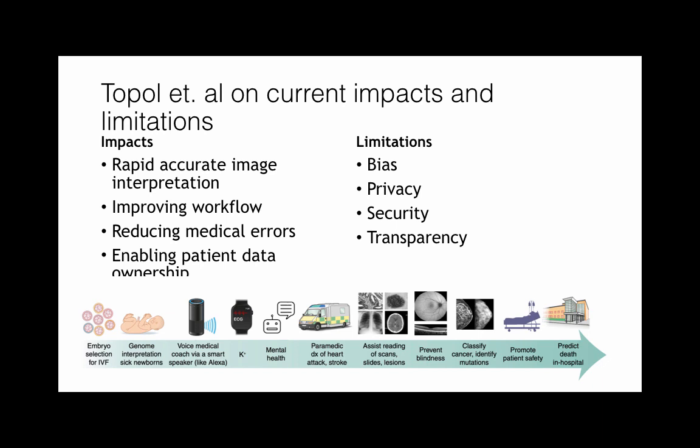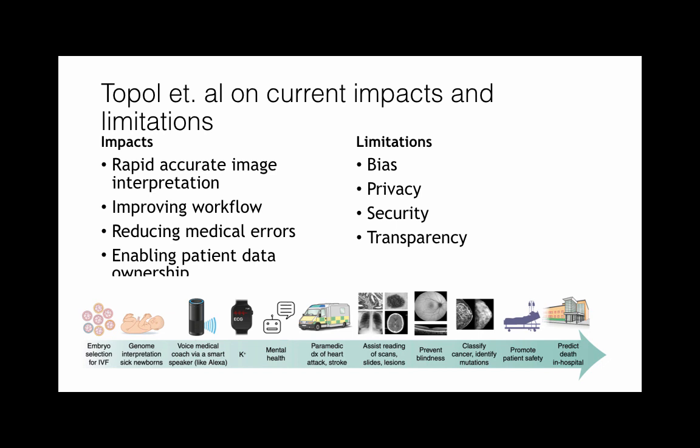So if we take a 100,000-foot view of the current impacts of AI in medicine and some of its limitations, I think a lot of these are pretty intuitive to most people, right? Imaging is the standard thing that most of us think about.